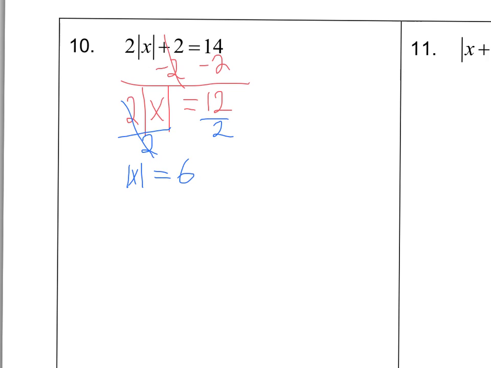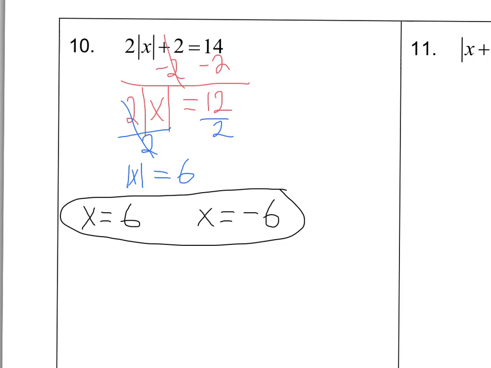And now here's the most important step in any absolute value problem. Once you get the absolute value by itself, we have to write it out into 2 separate equations. We drop the bars off, but we write it out as 2 separate equations. On this one it's really easy because we already have the x isolated. So we have x equals 6 and x equals negative 6.